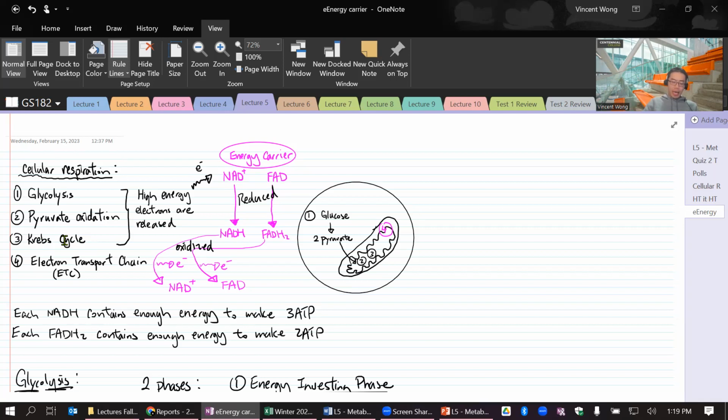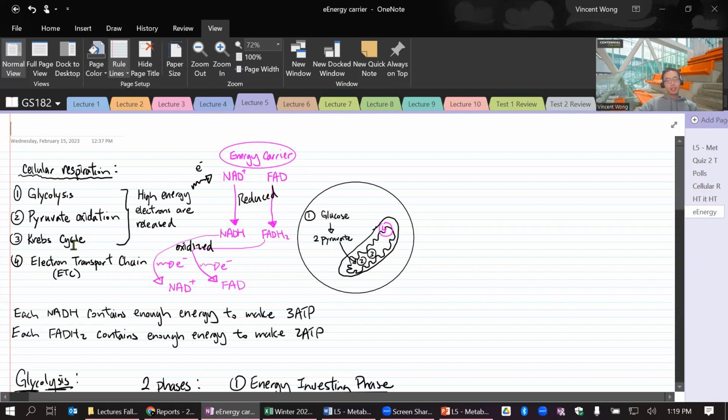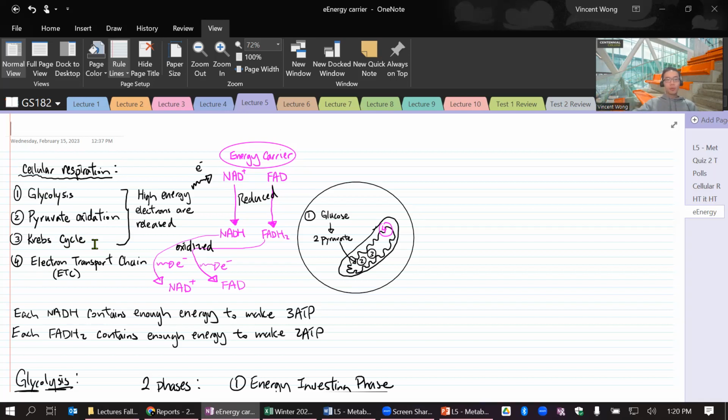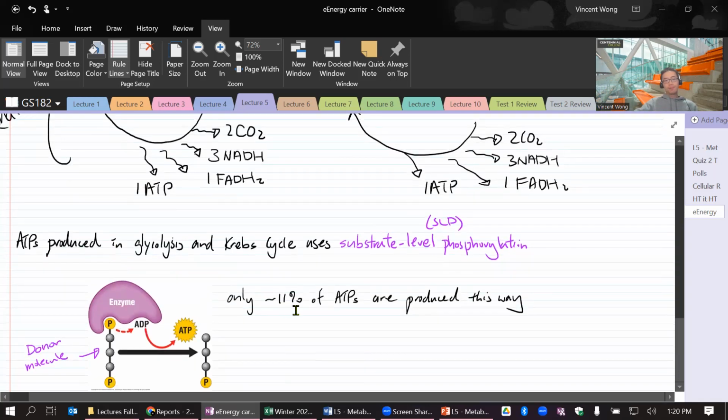In addition to capturing high energy electrons, we were able to make a little bit of ATP along the way, right? Not a huge amount, but we get 2 net ATP from glycolysis. We have 2 net ATP from Krebs cycle, and together that's like 4. It's not a lot, but it's better than nothing. And those ATPs are produced using a method called substrate level phosphorylation, where an enzyme will take a phosphate from a donor and put it onto ADP to create ATP for us.